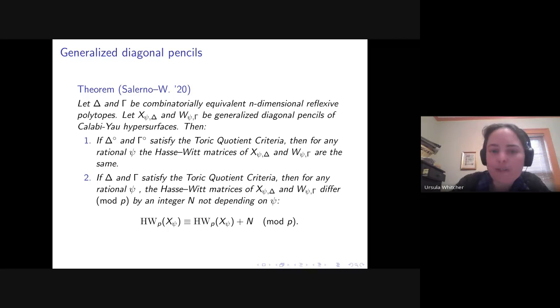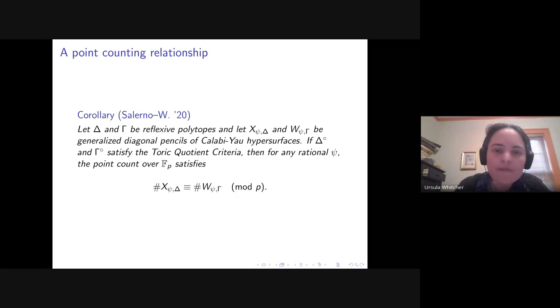If the original polytopes satisfy this relationship, then the Hasse-Witt matrices are going to be, if not the same, at most different by an integer not depending on psi. In particular, we can use this to get a relationship that feels like a point-counting relationship. If we do our point counting just over a field of prime order, the point count is going to be the same mod p on each side.